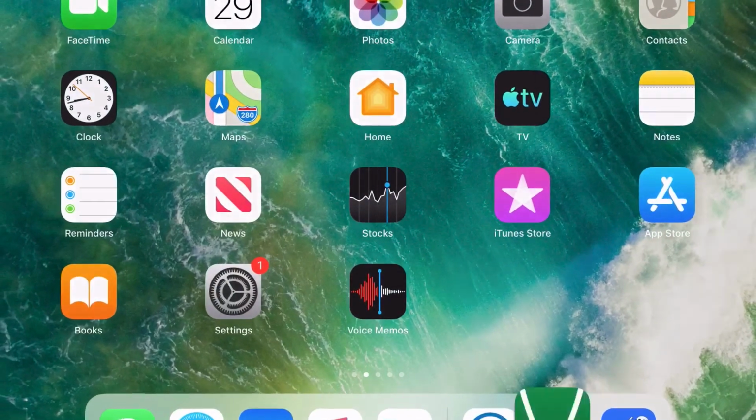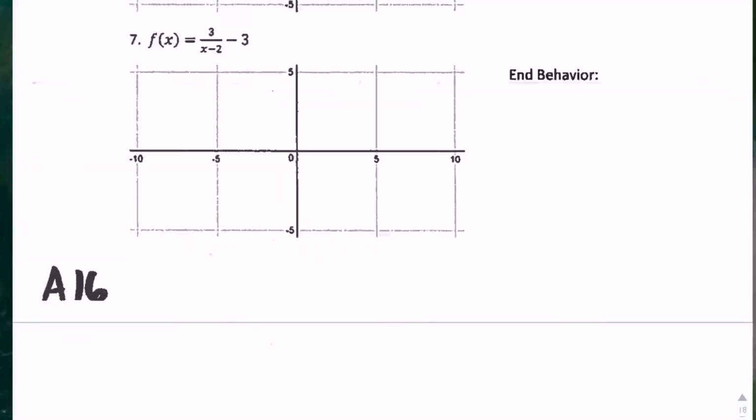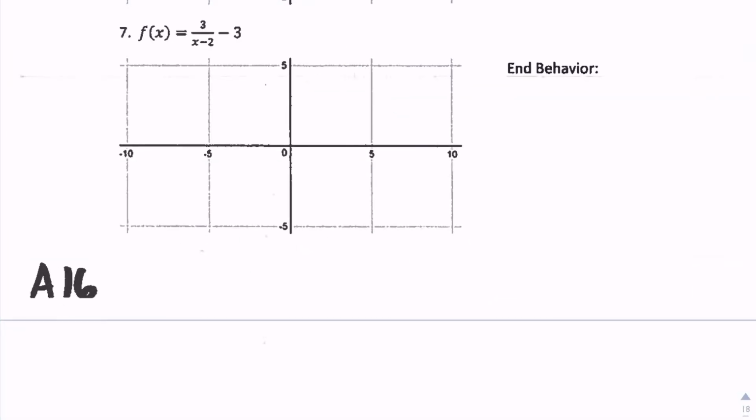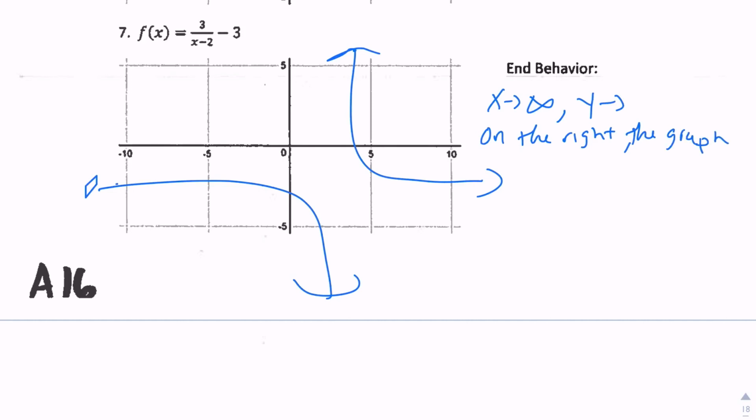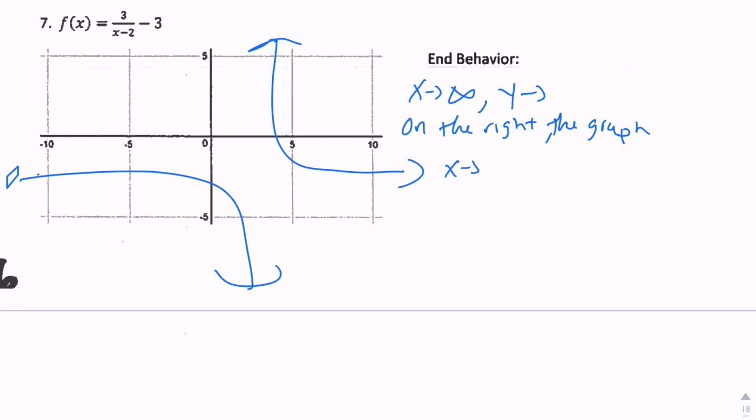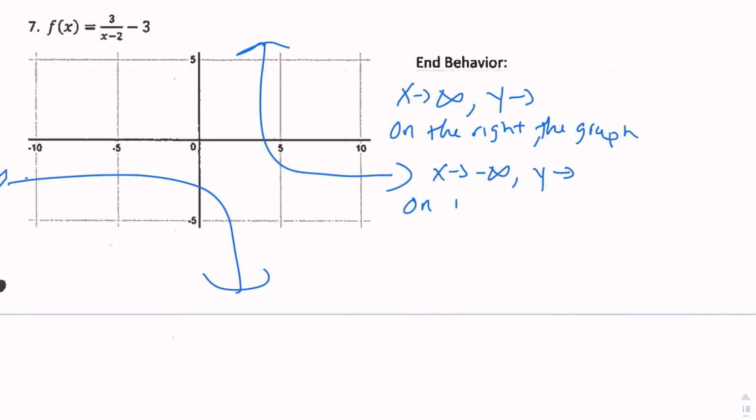Let's go look at that one more time. Okay. Oh, whoops. Need a pencil here. Okay, so as x approaches infinity, what does y do? Or on the right, the graph, okay? And then our next notation is as x approaches negative infinity, what does y do? Or on the left, the graph.